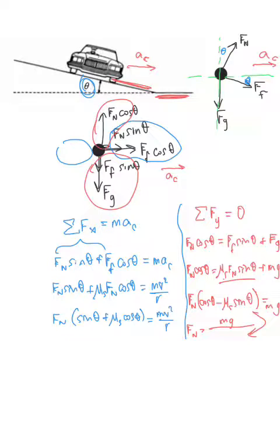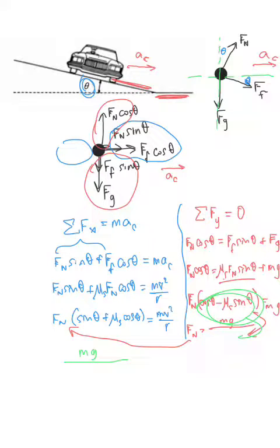So now that we have the Fn, let's take that and plug it in to that Fn right there. So we have mg over all of this stuff, which we move down here.